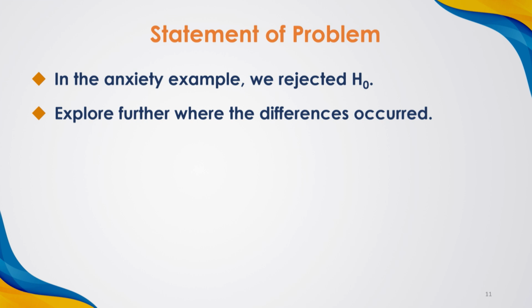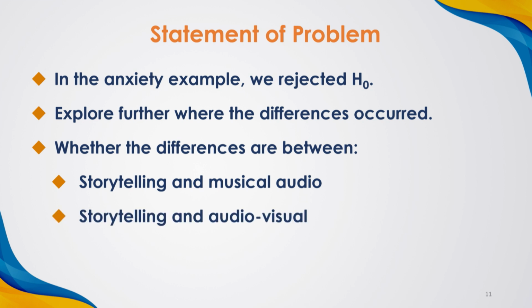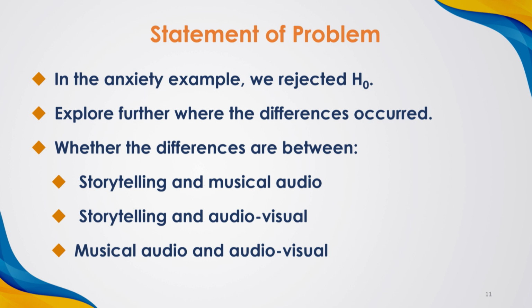In this example, we have rejected our H0 and concluded that there is a difference in the three pain management techniques in the anxiety score. We wanted to further explore where the differences have occurred, whether the differences are between the storytelling and musical audio group, or storytelling and audio-visual group, or musical audio and audio-visual group.